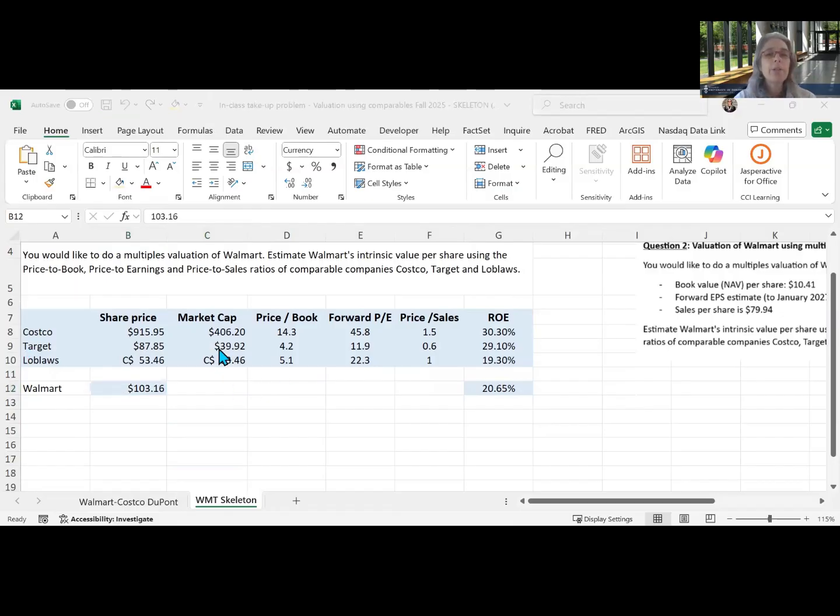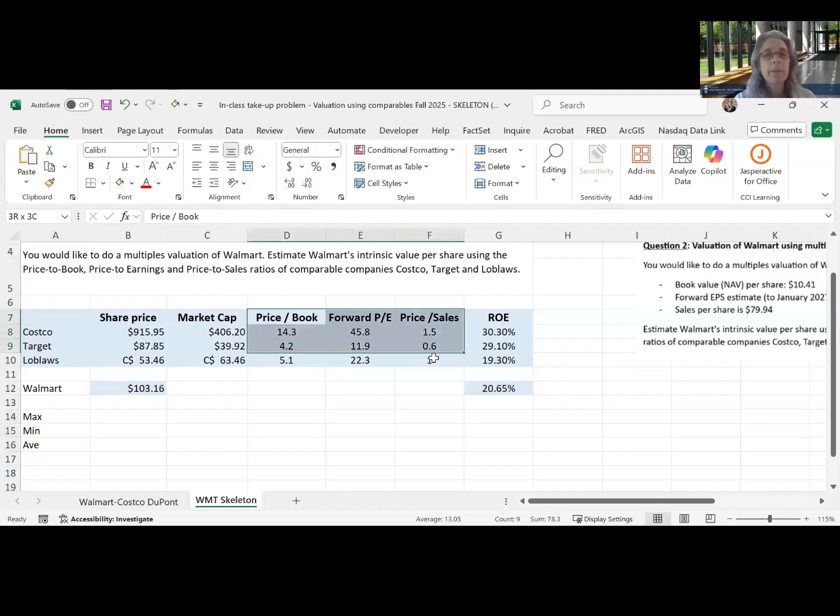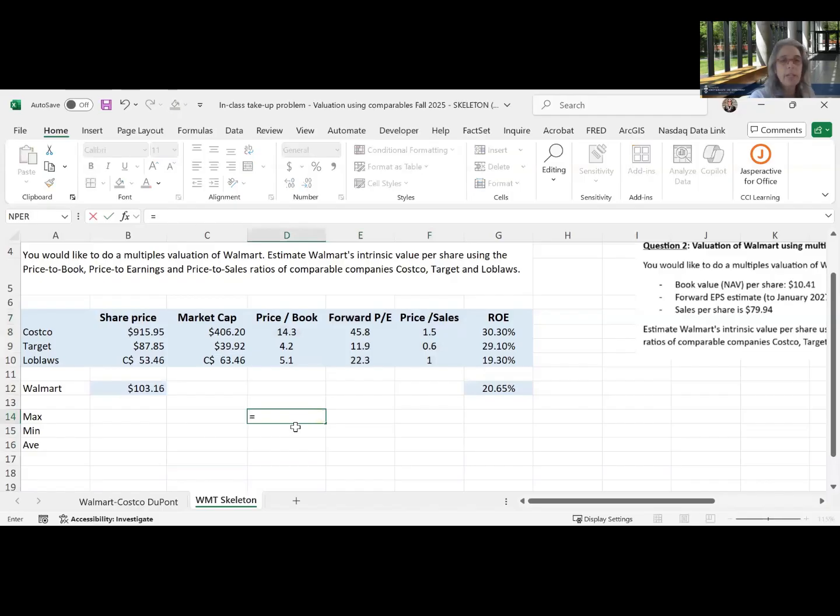So what we're going to do is use these ratios to give us a range for Walmart. So we're going to look at the maximum, the minimum, and the average of each of these multiples. We can use Excel to say equals maximum. What is my maximum price to earnings for my peer group?